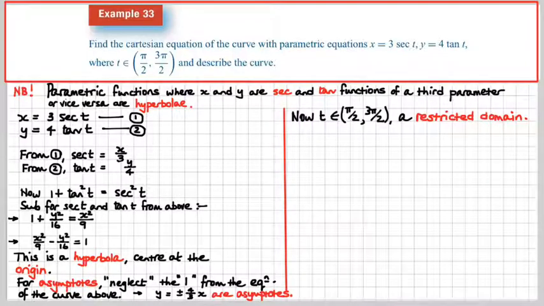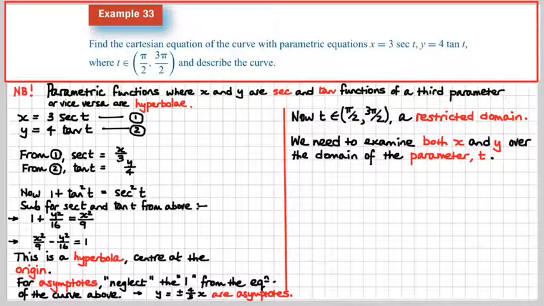Now, this is the very interesting bit, guys. This is the interesting bit. t going from pi on 2 to 3 pi on 2 is in fact a restricted domain, as I was explaining before. So let's just analyse what that means, okay? So we need to examine both x and y over the restricted domain of the parameter t.